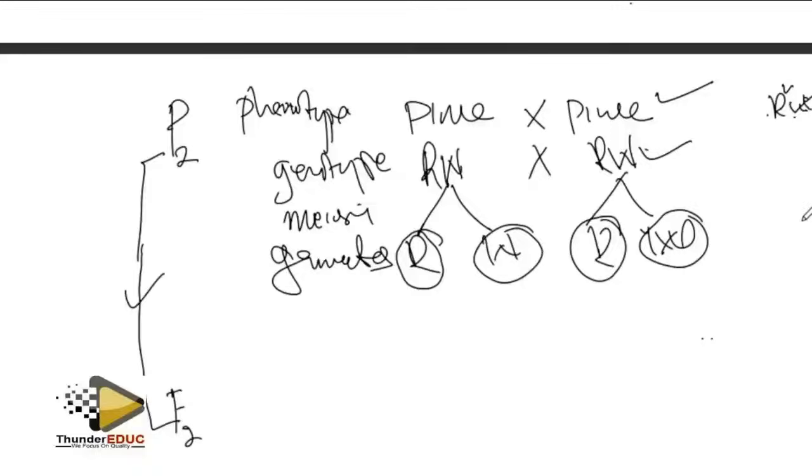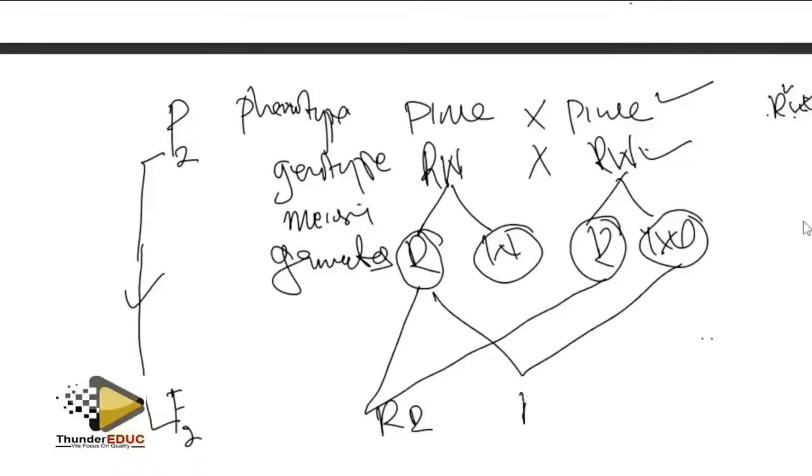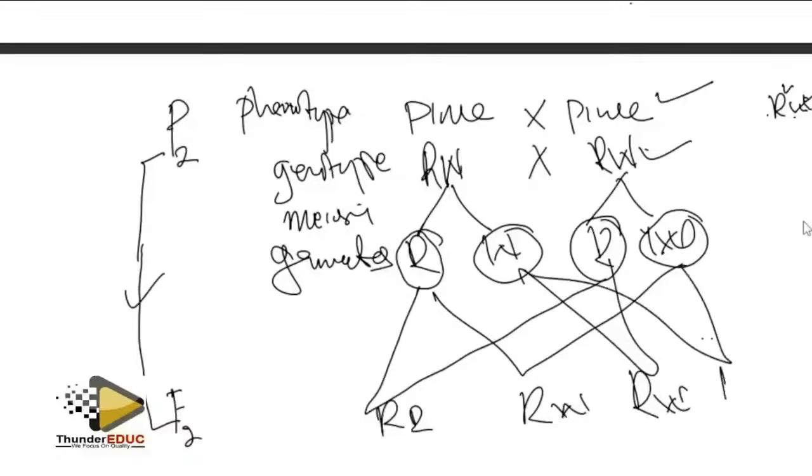You won't. Then after that, you do the crossing, or you do a Punnett square. So cross with capital R, capital W, capital R, capital W. Because I started with R, I will start with R, capital W, and then capital W, capital W. These are offspring.